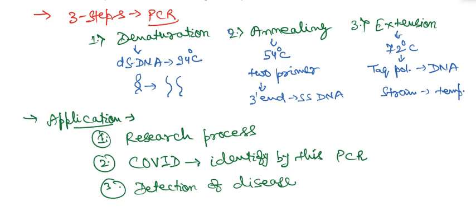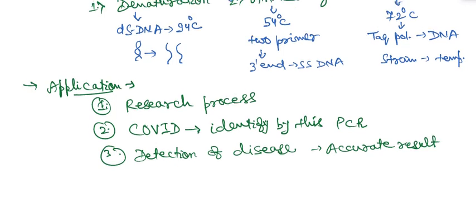This is because PCR gives an accurate result with a very small quantity of DNA fragment.